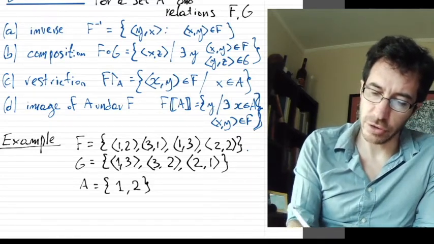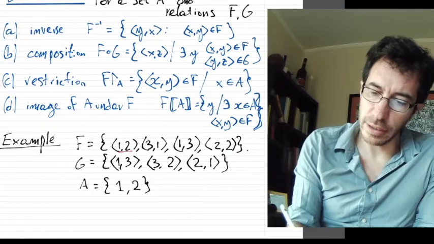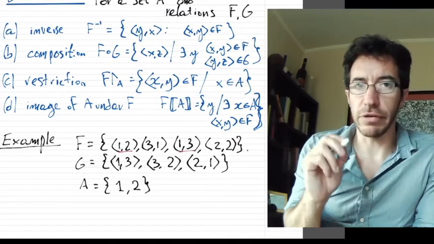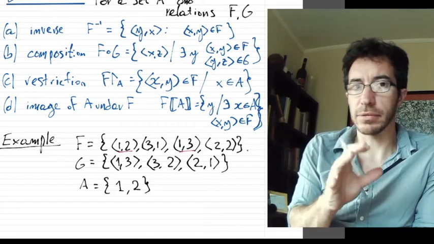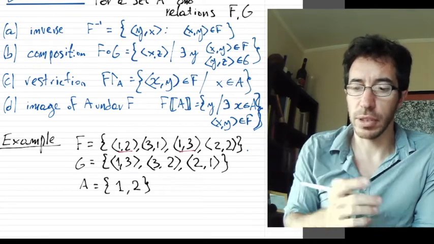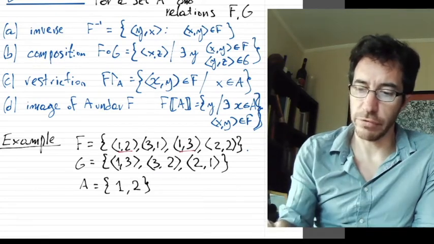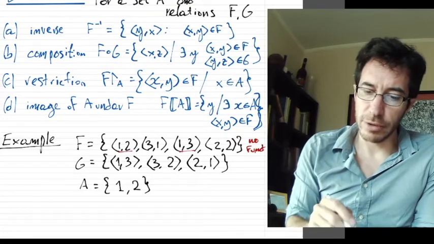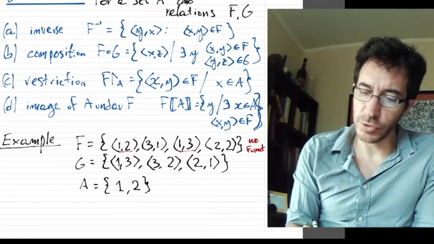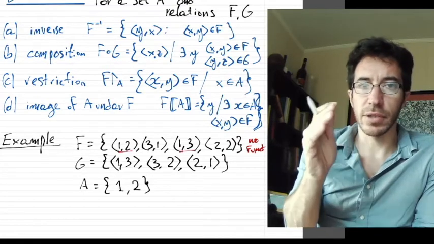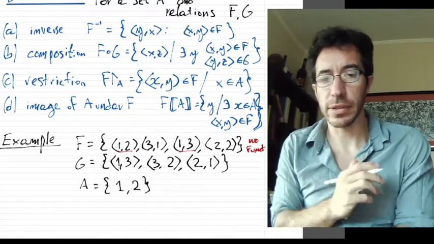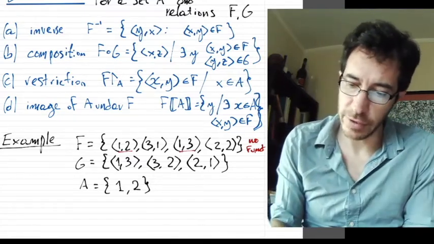Well, no, it's not a function because 1 gets mapped to both 2 and 3. In a function, every element must be mapped to at most one thing. Here it's mapped to two things, so it's not a function. What about g? 1 goes to 3, 3 goes to 2, 2 goes to 1. Every element goes to at most one element. So this one, yes, is a function.